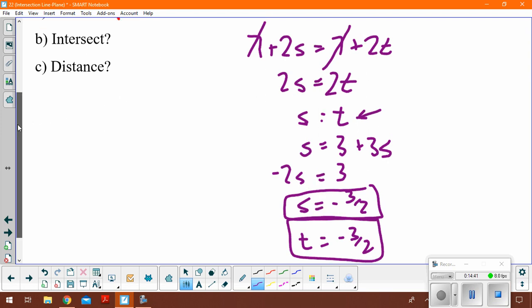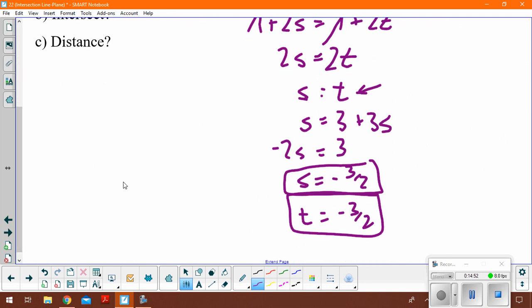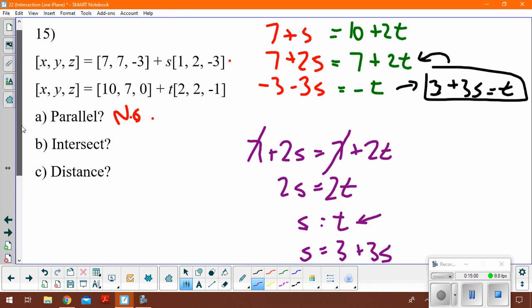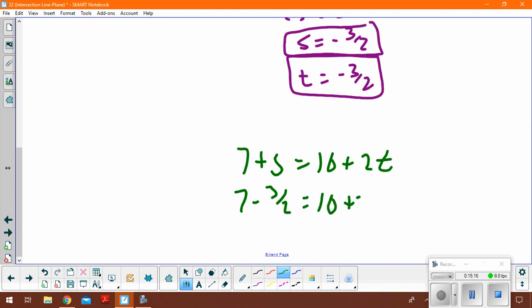Okay, final thing is to check if that works in our remaining equation. In that top equation, does that work? 7 plus s equals 10 plus 2t. I've got a feeling this might not work, but we'll see. 7 minus 3 over 2 equals 10 plus 2 times minus 3 over 2.